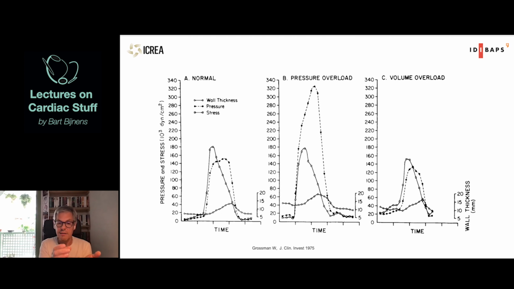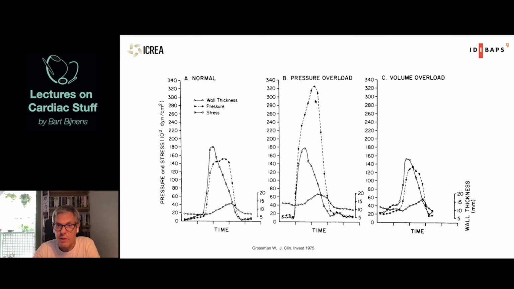Secondary to that, when you have a thickening of the wall, when you have hypertrophy, you also decrease the wall stress because of the law of Laplace. And here you see some relatively old experiments of chronic loading. What you see here is the pressure.